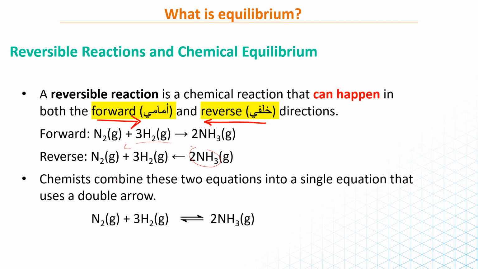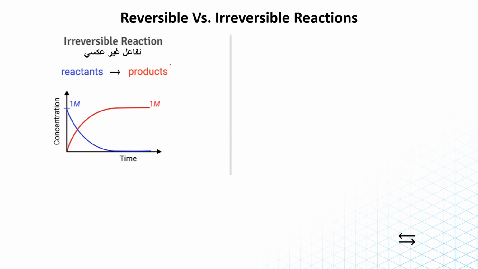When we combine both of them into a single equation, these two arrows become these ones. And we call this a reversible reaction. يعني المتفاعلات تكون نواتج والنواتج ترد تكون المتفاعلات. So what is the difference between reversible and irreversible reactions? It's the following.